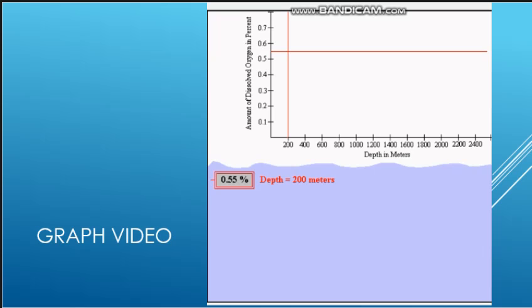I have two red lines, one representing a depth of 200 meters and the other representing a dissolved oxygen percentage of 0.55. Notice where they intersect. They intersect at one point. That's the point that represents a depth of 200 meters and a dissolved oxygen of 0.55%. So that's where we put our point on the graph. Data point. We now have a single point on our graph.